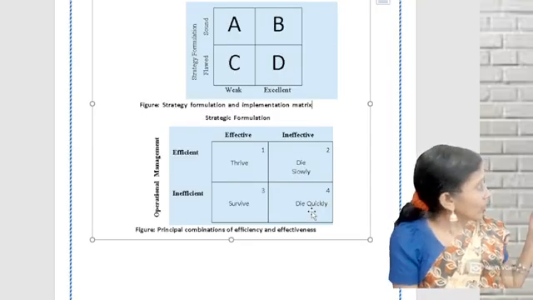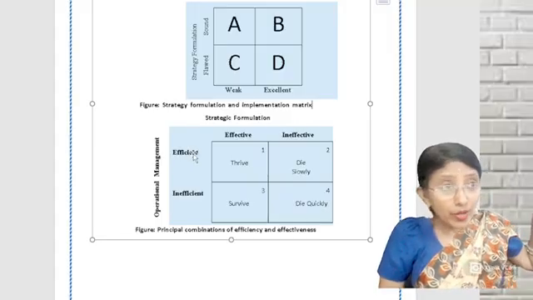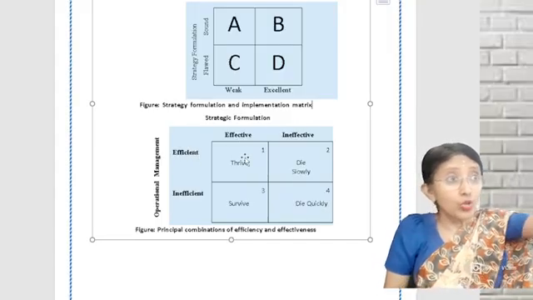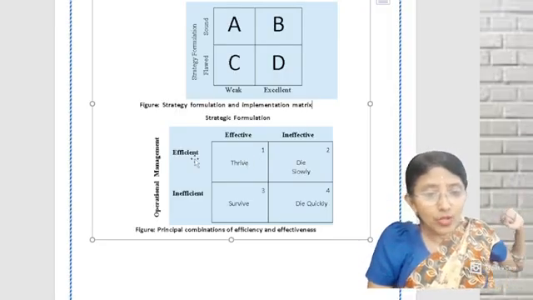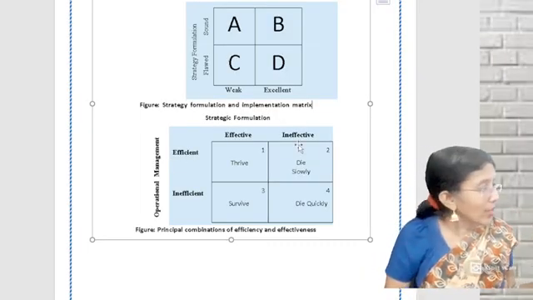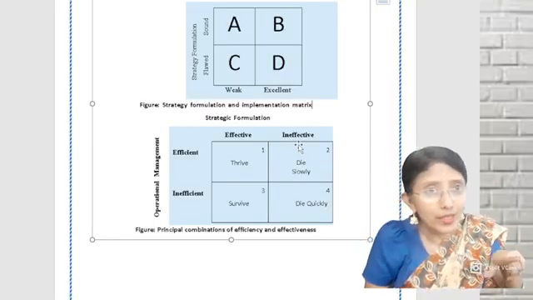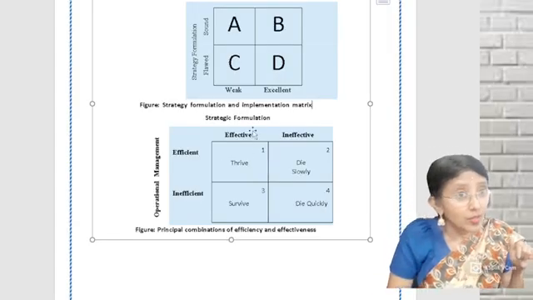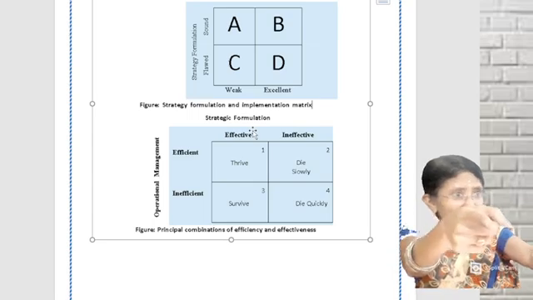Now look at this combination and see. Please remember, when you are efficient and effective, you are thriving. When you are efficient and ineffective, you are going to die, but slowly. When you are inefficient but effective, you will survive, because effective is doing right things.